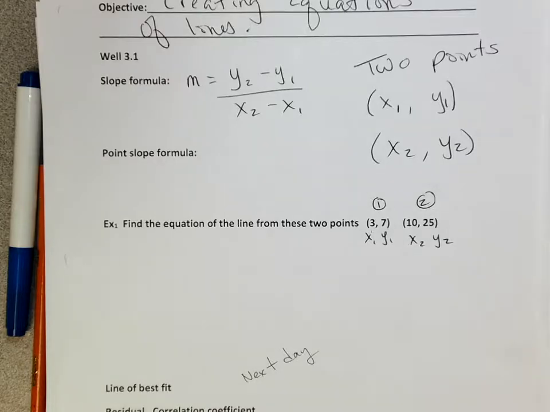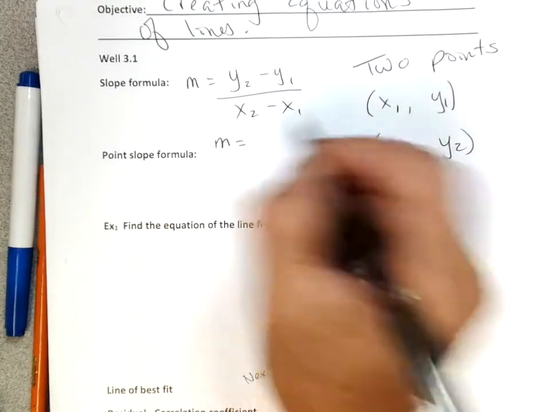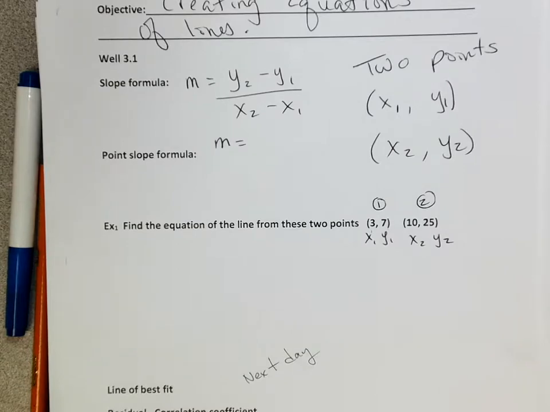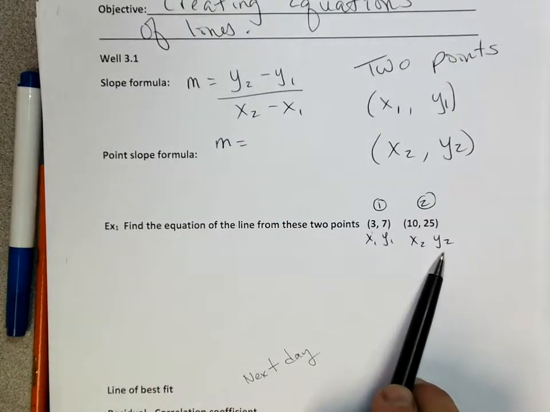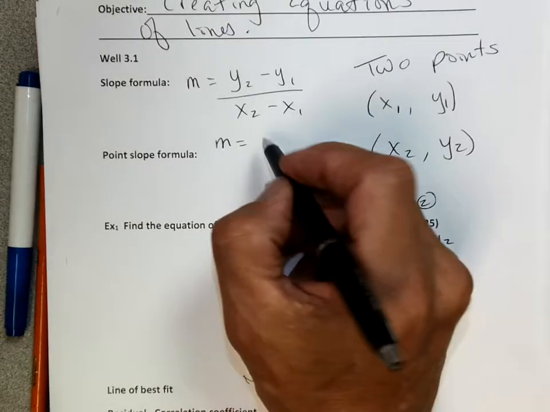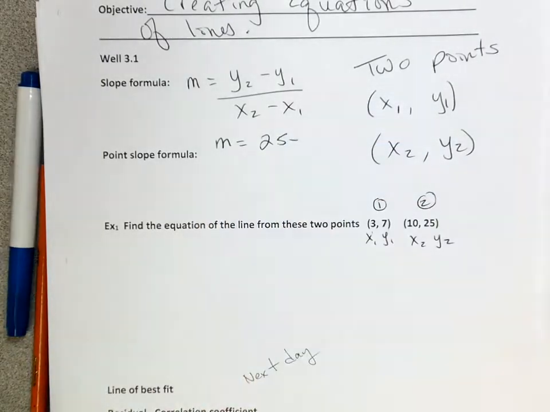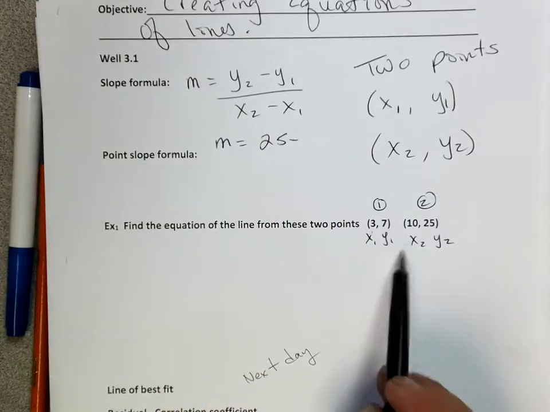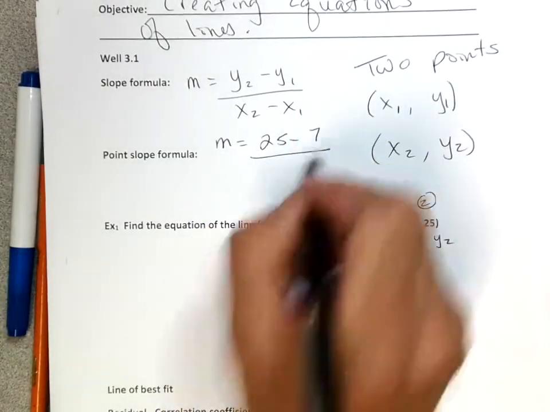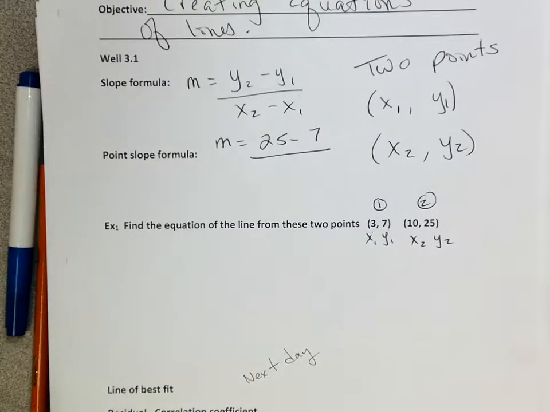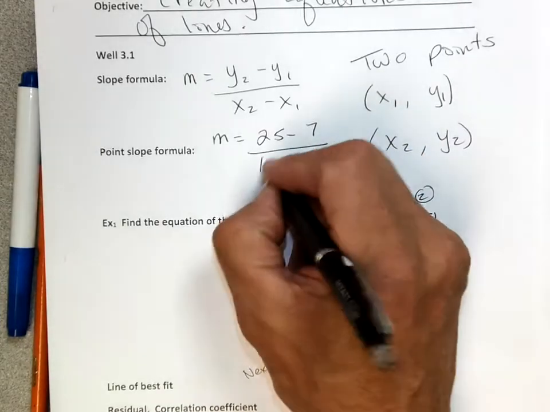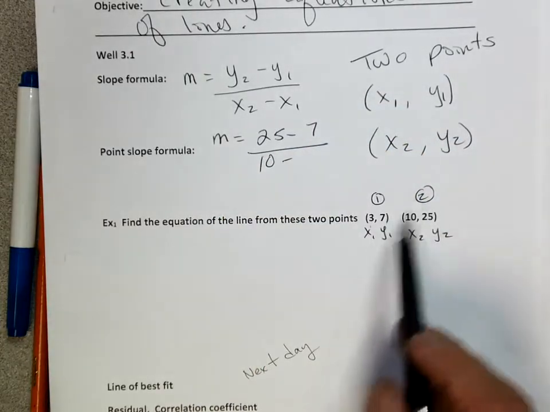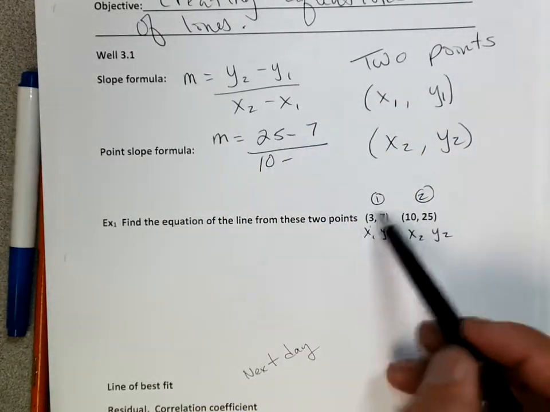The formula says m equals, or slope, y2, the second y, is my 25, minus my y1, which is the 7, divided by my x2, which is my 10, subtract my x1, which is my 3.